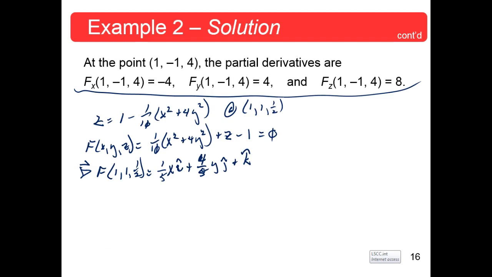Now, a representative line in the tangent plane that goes through this point here is going to be the vector v. This vector in that plane is going to be x minus 1 i plus y minus 1 j plus z minus 1/2 k.